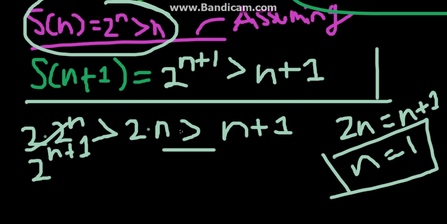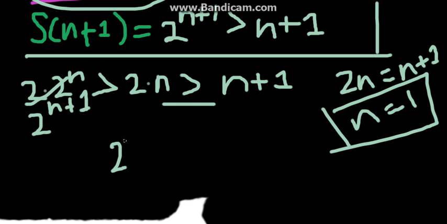But other than that, it's greater than. So that means that it's never going to be greater than this expression. If it's never going to be greater than this expression, then we know that it's always going to be less than or equal to it. So we know that it's less than this expression.